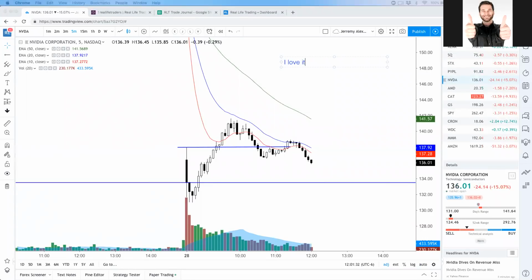I love it when a stock gets between the 10 and 20 EMA on the non-extended hours and throws in a lower shadow for an evening star reversal pattern.